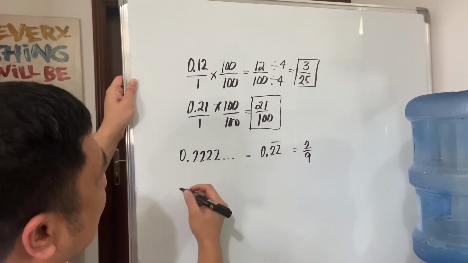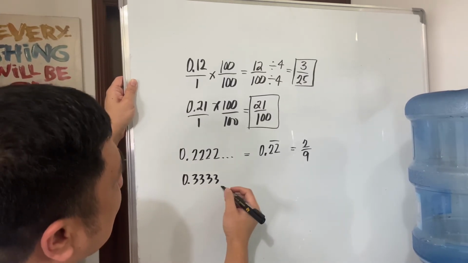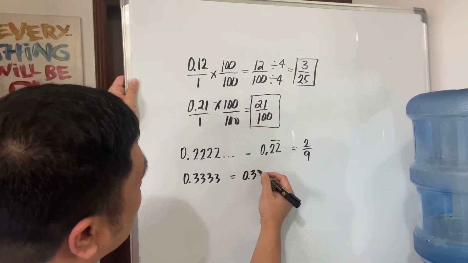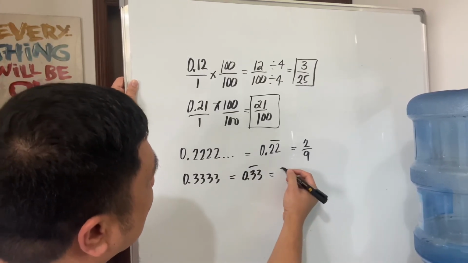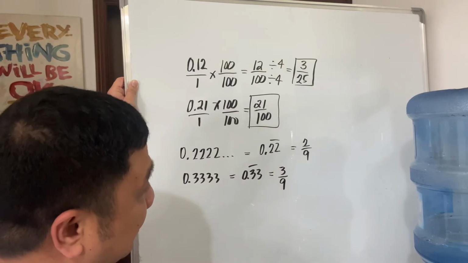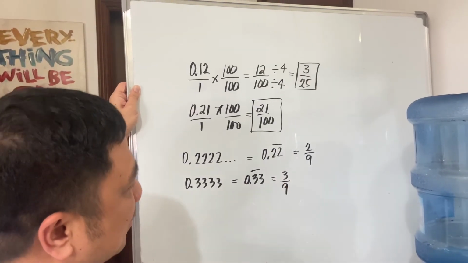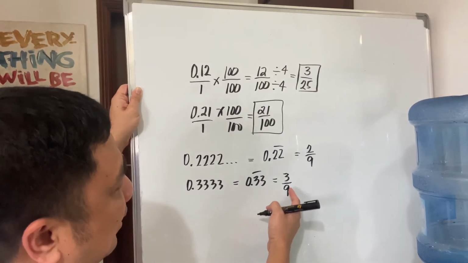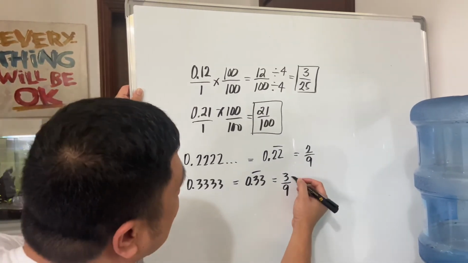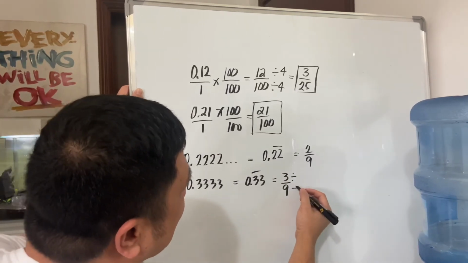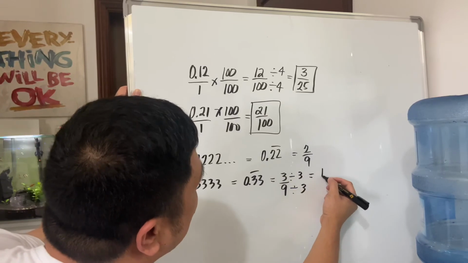Similarly, if you have 0.3333 or 0.33 repeating, you'll have 3 over 9. There is a common factor between 3 and 9, so divide both numerator and denominator by 3, and you will have 1 over 3.